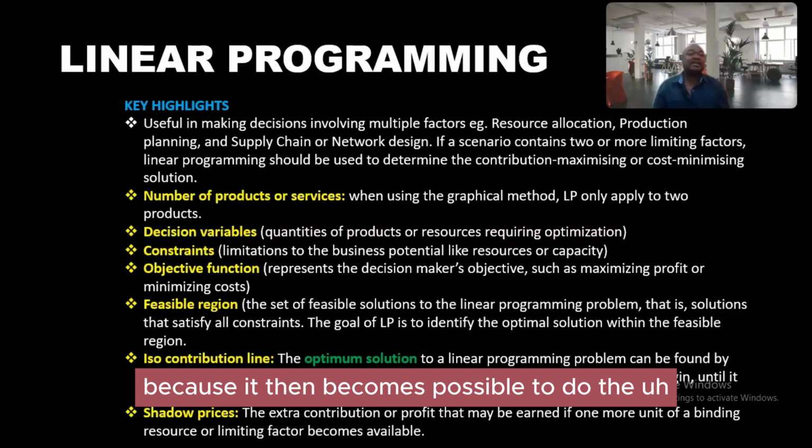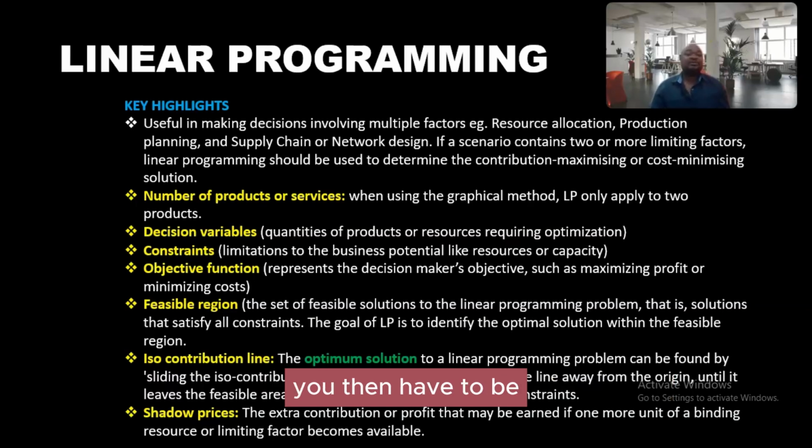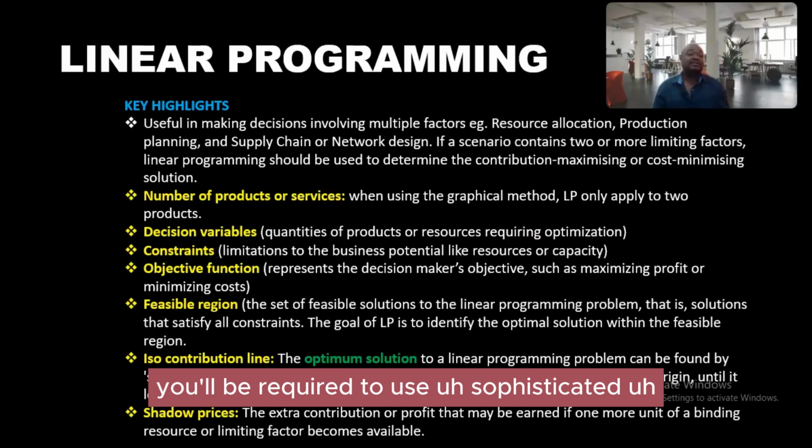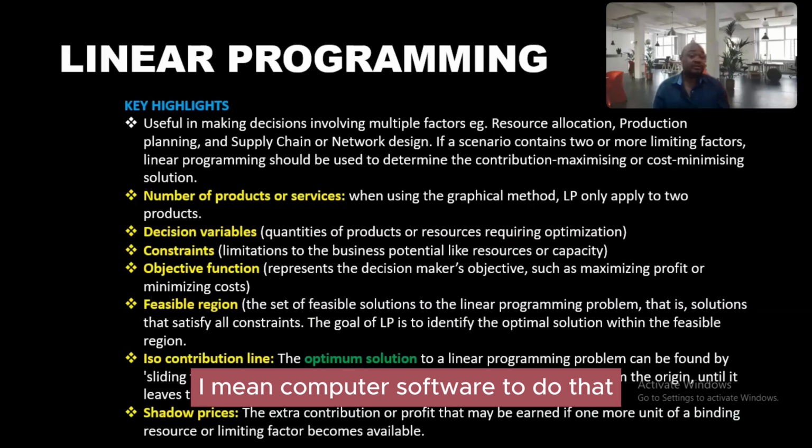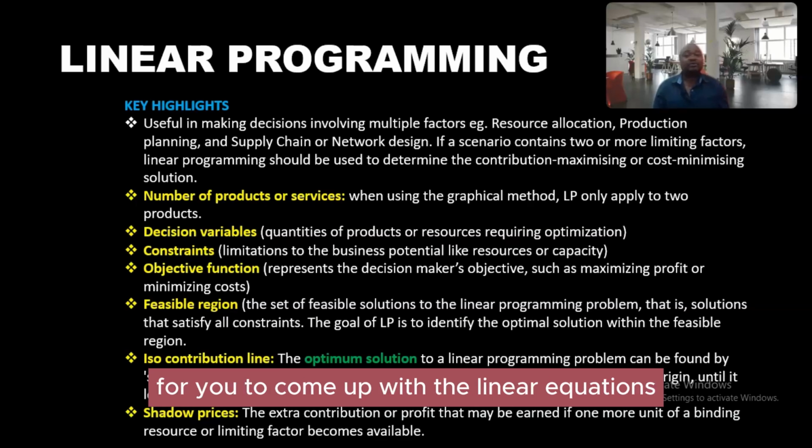Why? Because it becomes impossible to do the graphical method using your human power. You would be required to use sophisticated computer software, so it becomes very impossible. So you'll be given two products and some limiting factors to consider for you to come up with the linear equations.